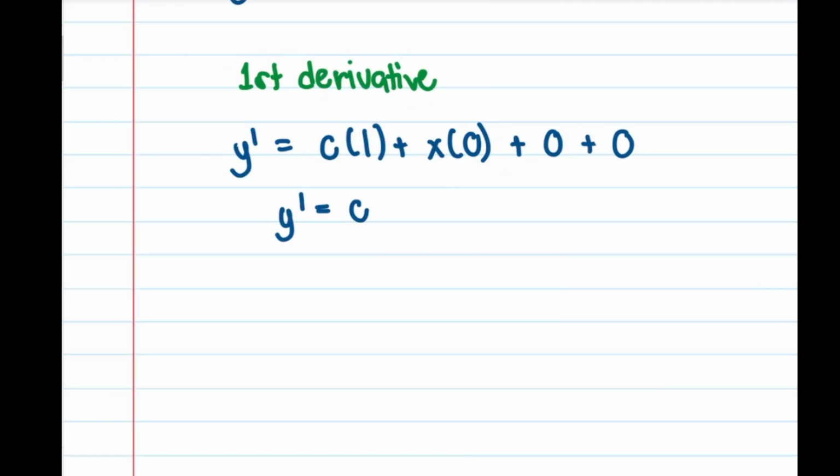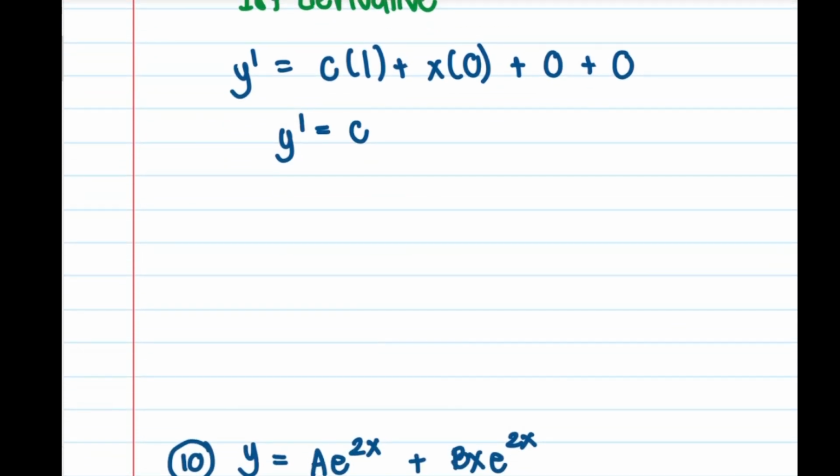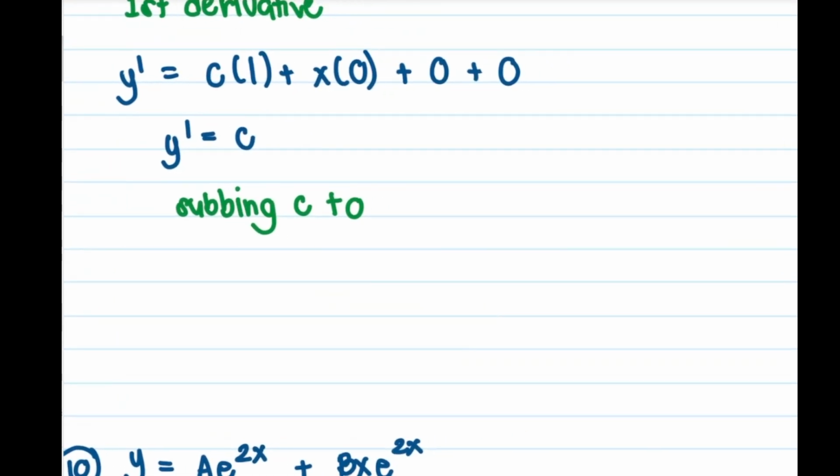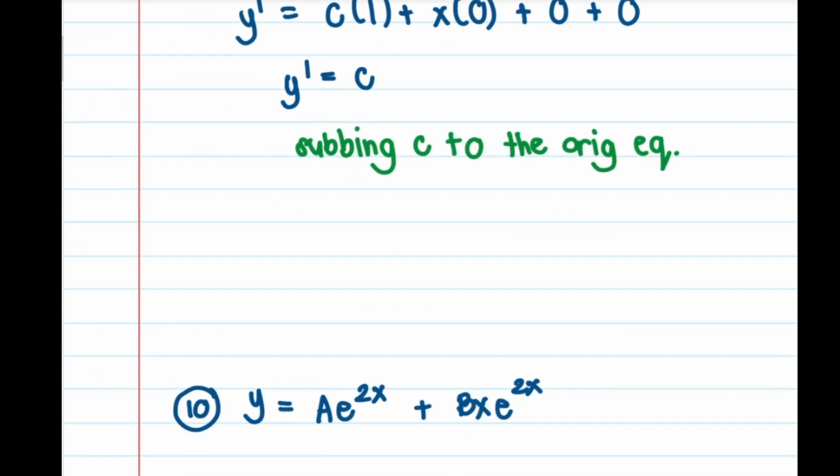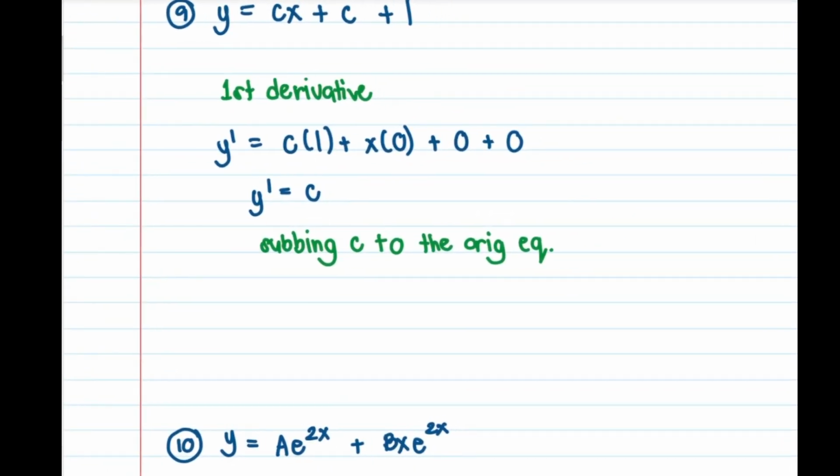Okay, so we can substitute c with y prime in the original equation. So what is the original equation? y equals cx plus c plus 1.